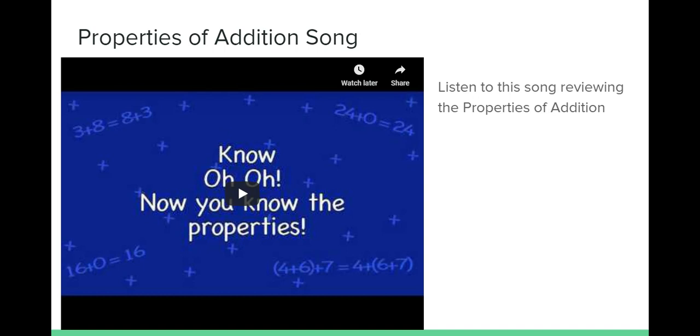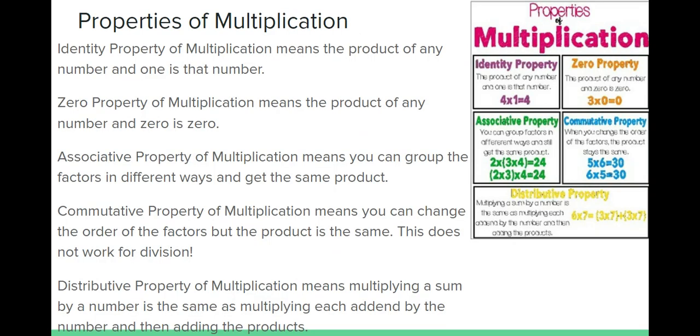So now we're going to move to the multiplication properties. When we look at multiplication properties, the identity property means that the product, which is the answer in multiplication, of any number and 1 is that number.